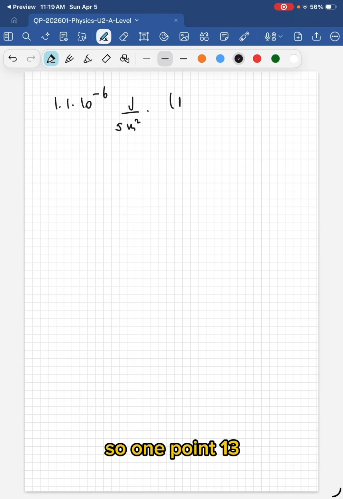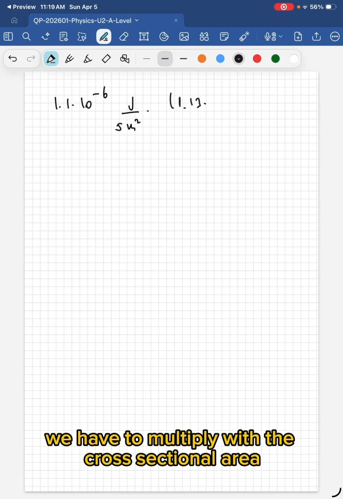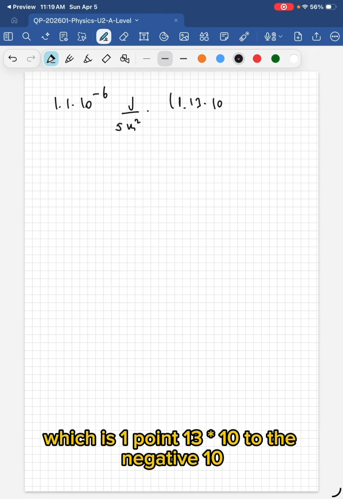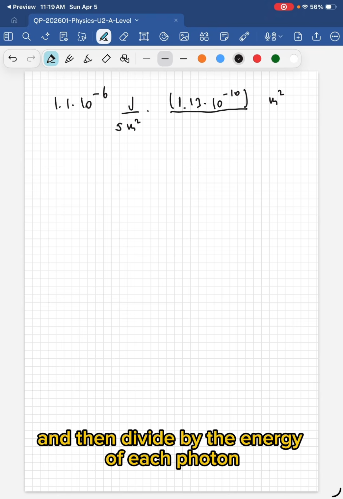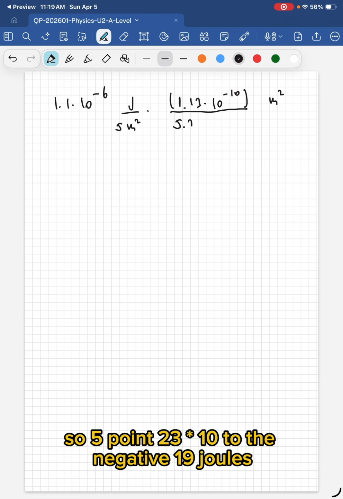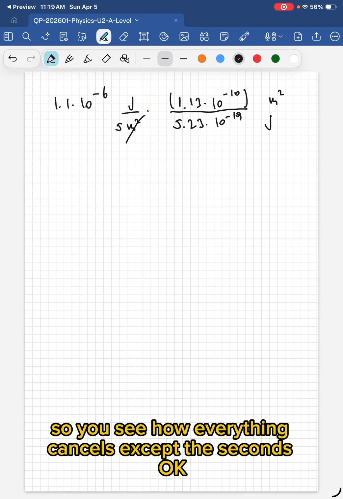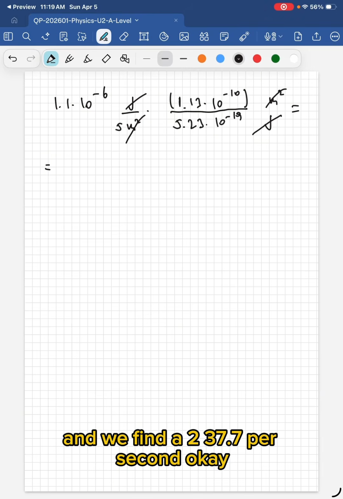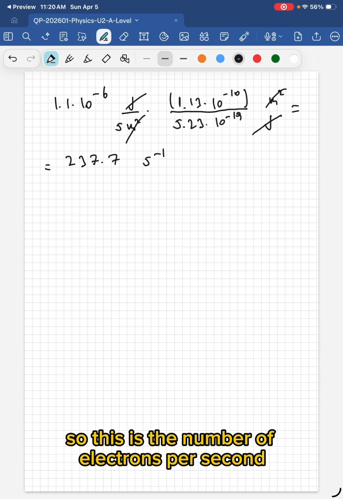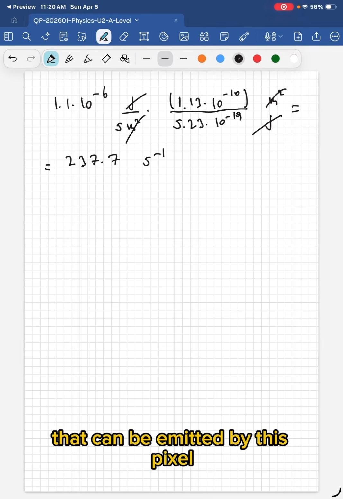We have to multiply with the cross-sectional area, which is 1.13 times 10 to the negative 10 meters squared, and then divide by the energy of each photon, 5.23 times 10 to the negative 19 joules. So you see how everything cancels except the seconds. And we find 237.7 per second. So this is the number of electrons per second that can be emitted by this pixel.